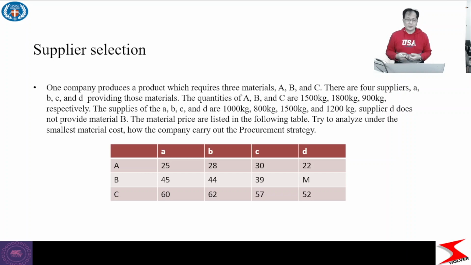Okay, so remember, supplier d here does not provide material B. So the unit cost for material B from supplier d, you can give a very big number, right? Remember that? So you can construct a table and use the mathematical model or the northwest method or the minimum cost heuristic method to solve the problem.